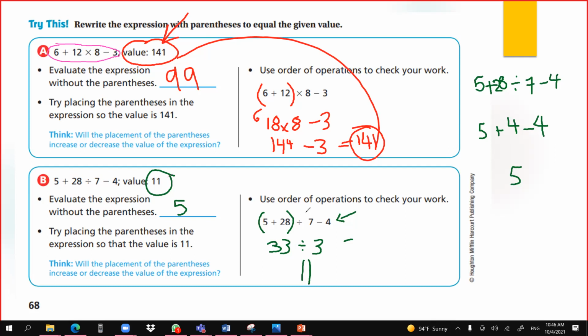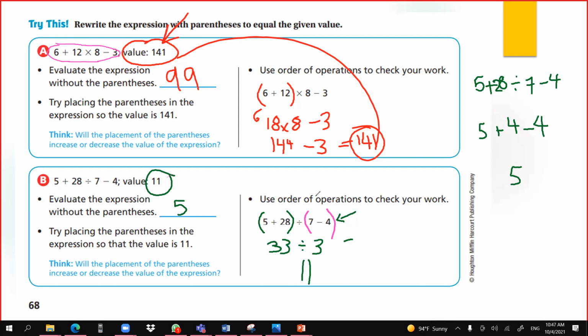Bravo, you put the parentheses. Thank you, Hunada. You just put the parentheses. So here now we have it.